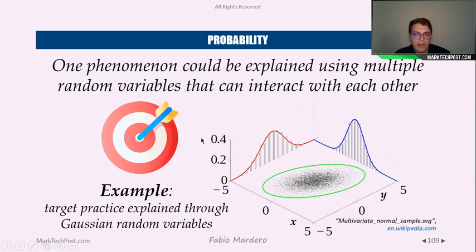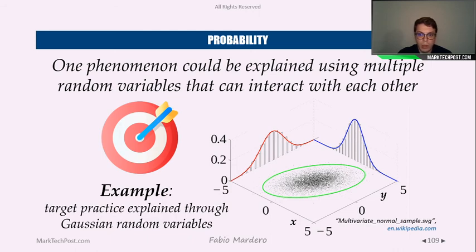But so far we have talked about one random variable and expressed some properties about it. In practice, one phenomenon could also be explained using multiple random variables, and these random variables can interact with each other.